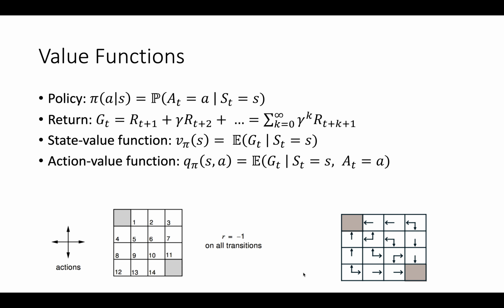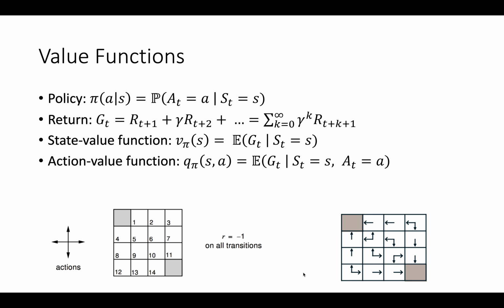If we consider a discount factor of 1 in our example policy, at state 1, the value is -1 because if we take the action left, we get a reward of -1 and it brings us to the terminal state. The value at state 3 is -3 because it takes us 3 steps to get to the terminal state if we take the left action 3 times.